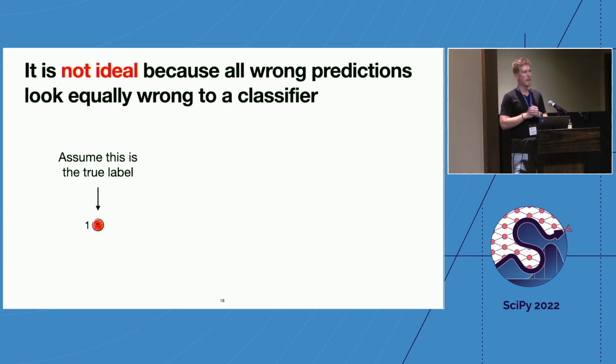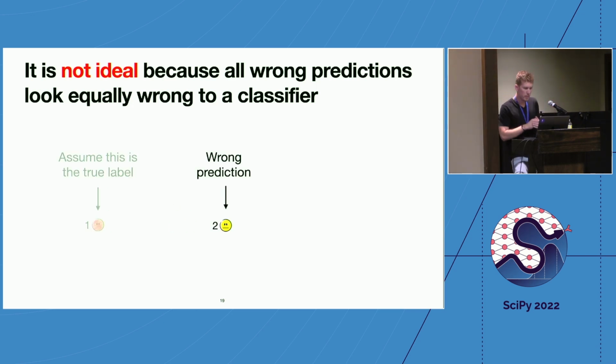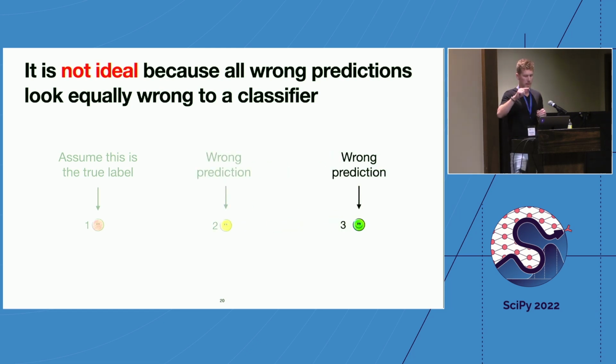There are now two types of predictions I can make. I can predict the neutral face, which is wrong if unhappy is the correct one, or I can predict the happy face, which is yet another wrong prediction. However, for a classifier, both would be equally wrong.